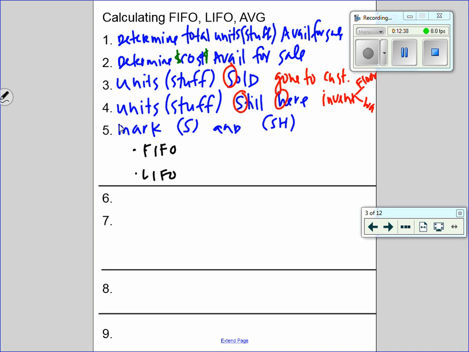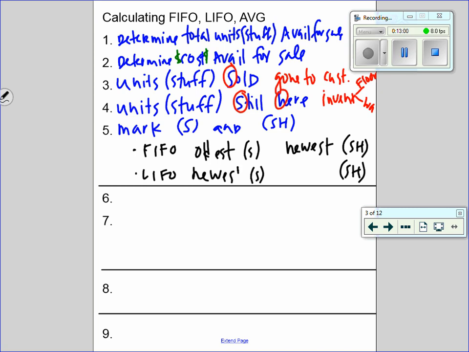When we're looking at FIFO, the oldest sold, the newest is still here. And when we're looking at LIFO, it's all flipped. The newest stuff is what's sold. The oldest stuff is what's sitting on the shelves.